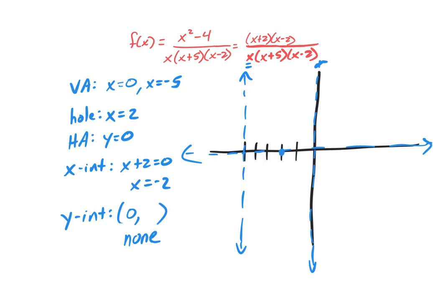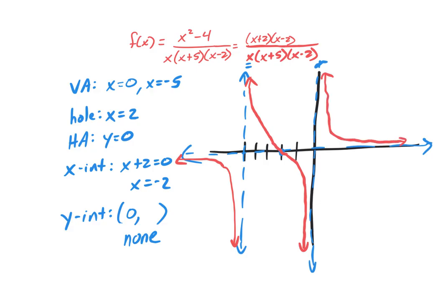Okay, so let's put... Okay, and then it's kind of a cubic looking graph over here, and then it has this other branch up here.